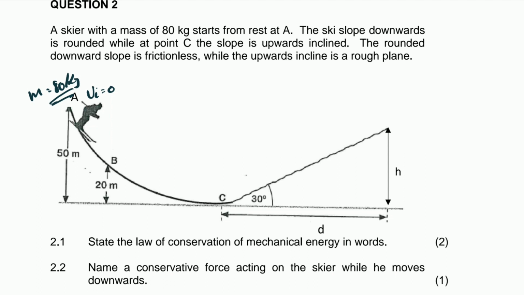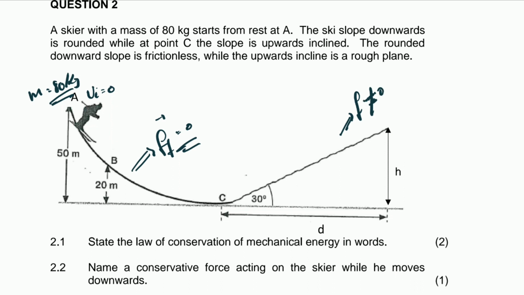So you can see that it goes down all the way to C and then it goes up again. The rounded downward loop is frictionless. So this side here does not have friction. Friction there is 0. While the upward incline is a rough plane. So here, friction on this side is not going to be 0.